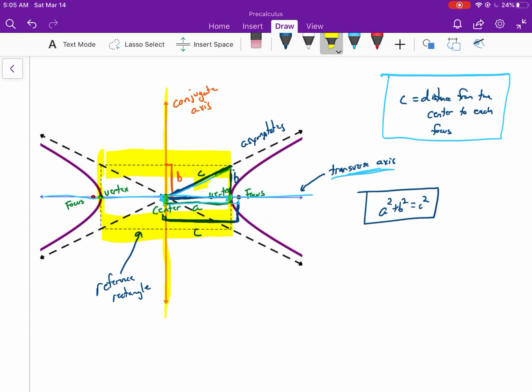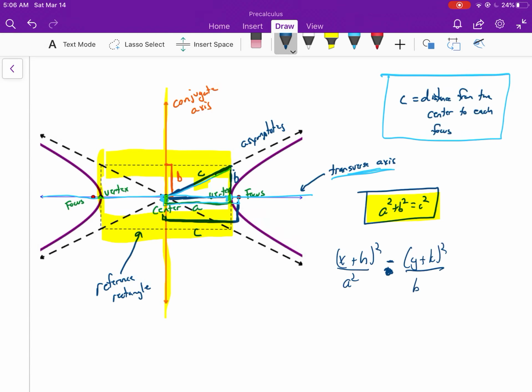asymptotes. And then we have the equation a squared plus b squared equals c squared, and that has to do with our equation of a hyperbola, where a squared is what's under the first fraction, which is the way it's oriented. So this one is opening left and right, so x comes first.